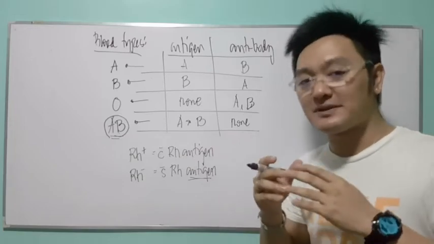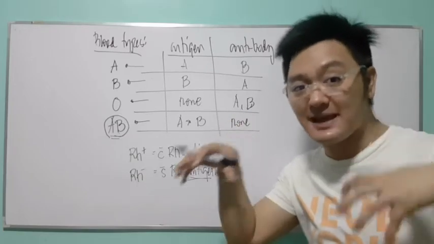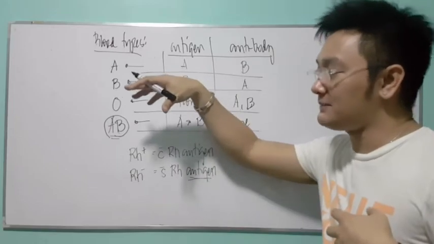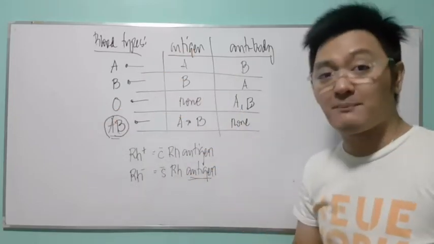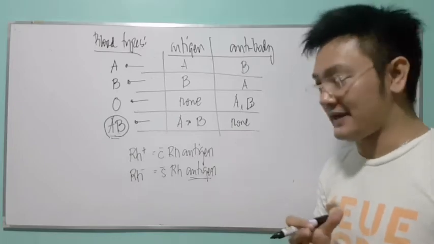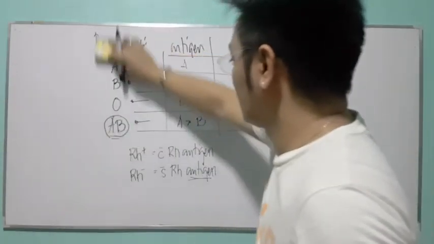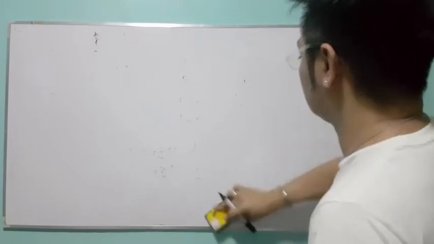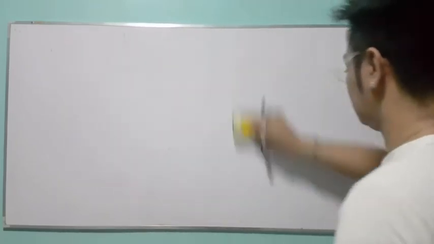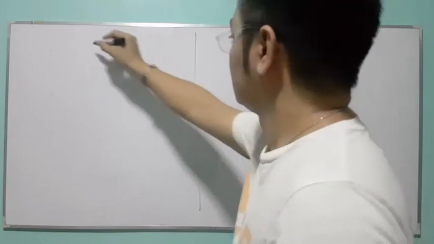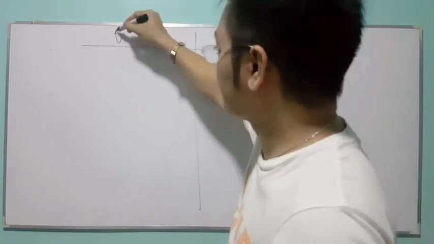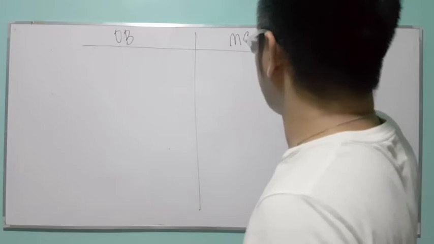Your RH incompatibility is divided into two concepts, no? RH incompatibility under OB concept and RH incompatibility with your medical surgical nursing. So here it is. This is OB, this is your med surg.